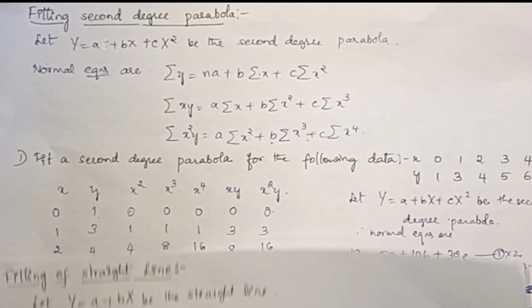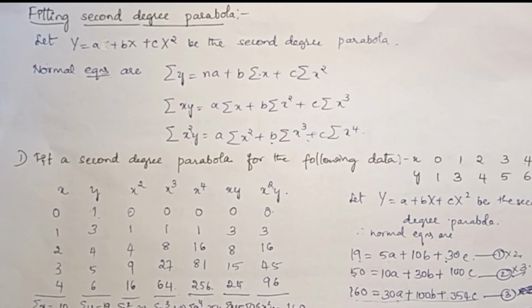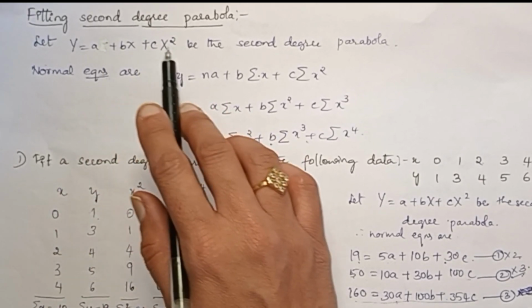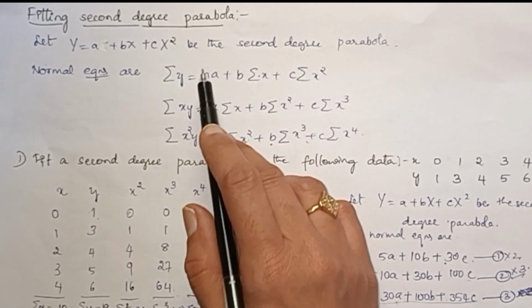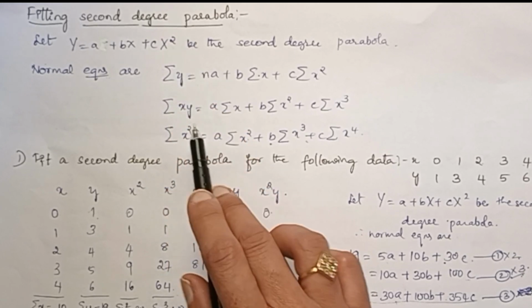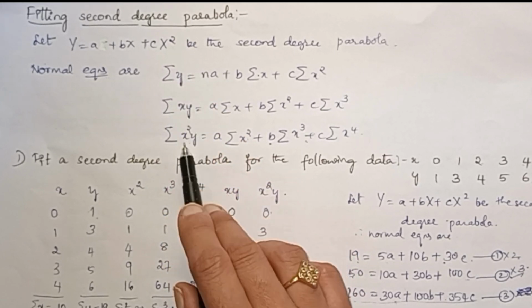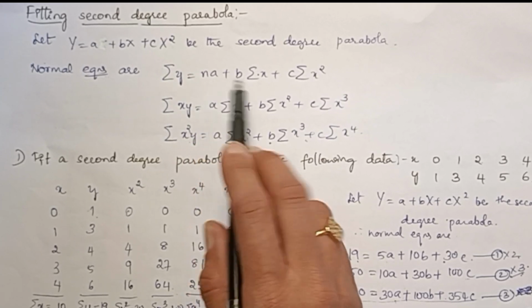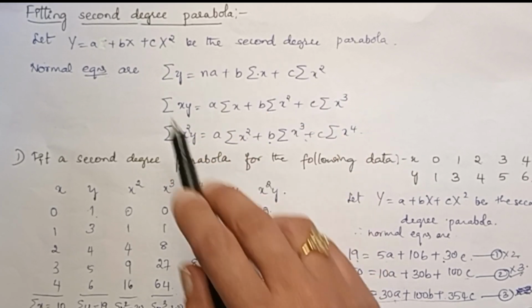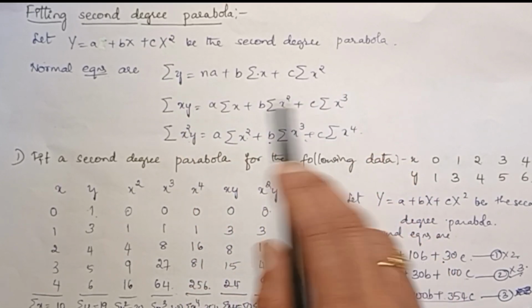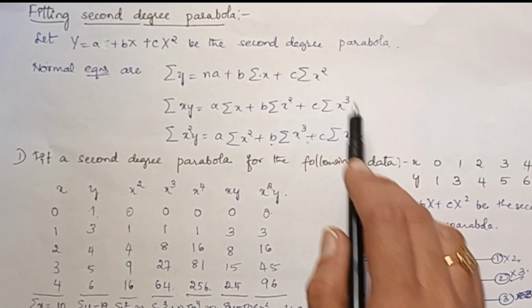Now for fitting a second degree parabola, same as before, but now the degree of the highest power of x is 2: a plus bx plus cx square. Its normal equations: here you will get three normal equations because it is a quadratic. So sigma y, then sigma x into y, then sigma x square into y. Remember, it is easy. Constant, sigma x, sigma x square. Then in the next, constant is replaced by sigma x, then x square, then x cube, then x square, x cube, x power 4.